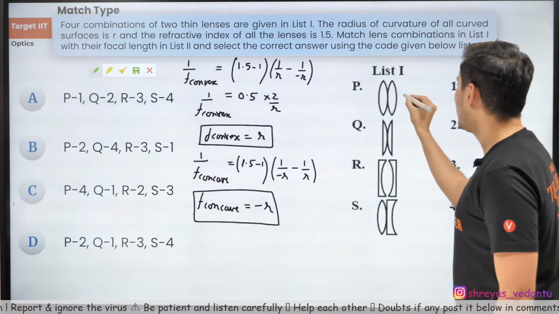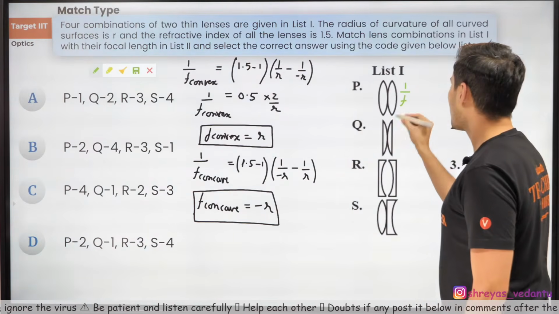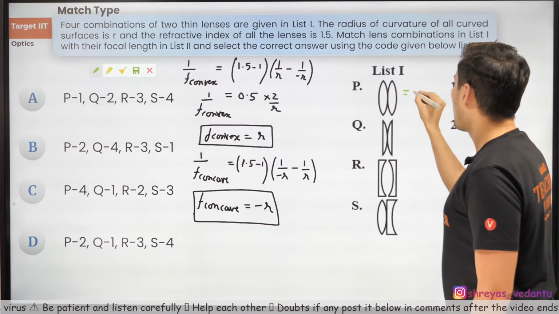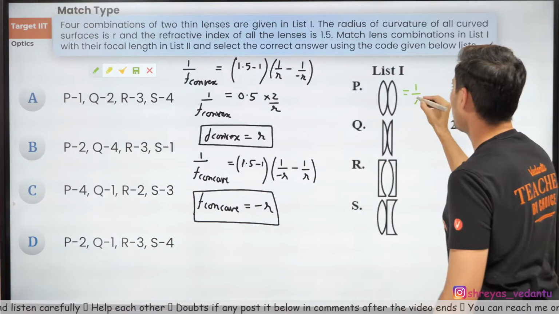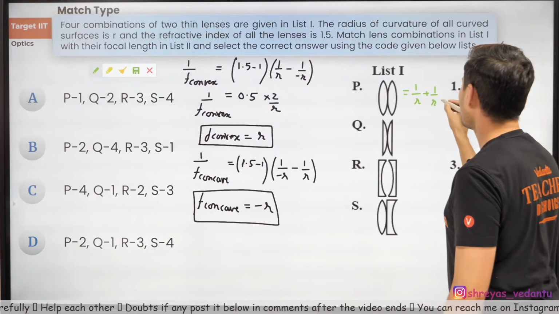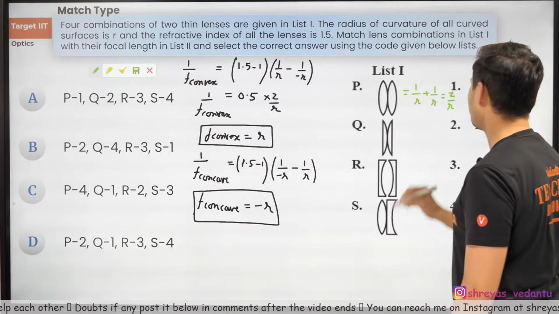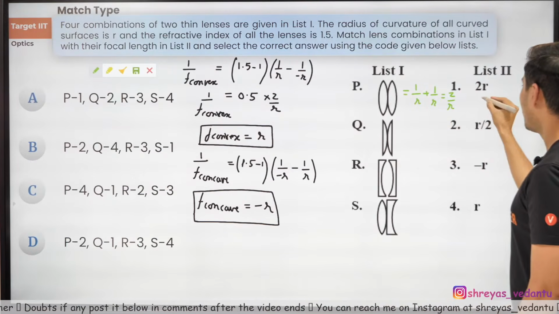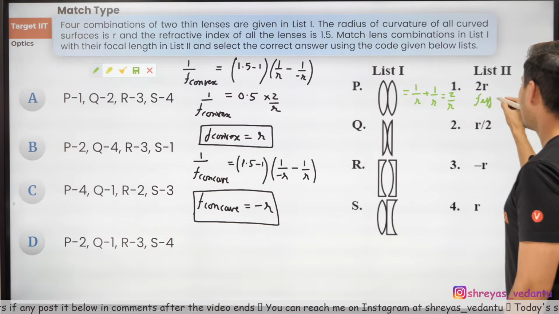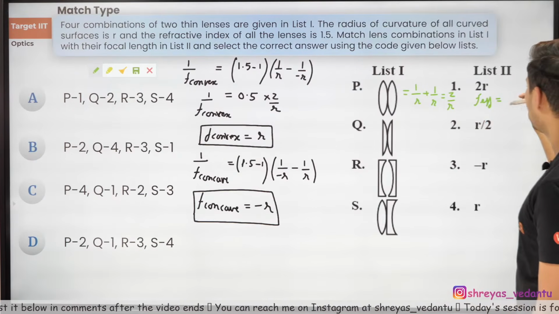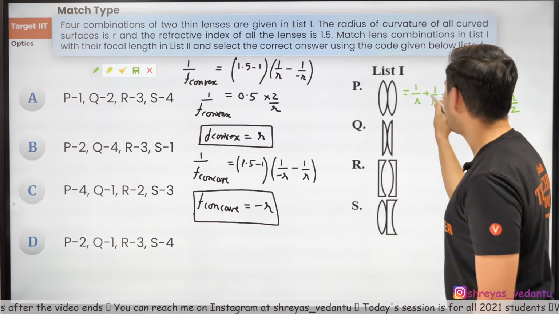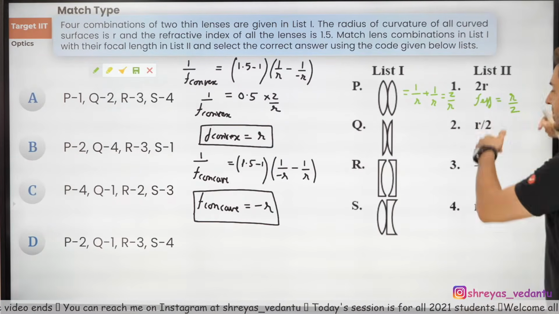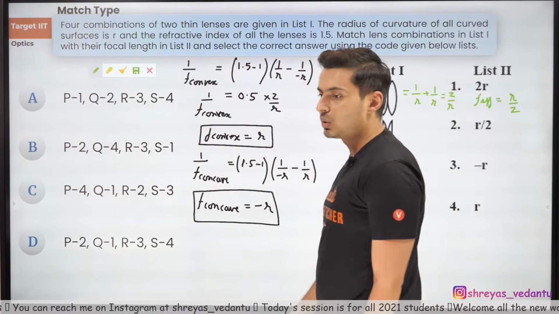So the total focal length 1 by f will be equal to 1 by f1 plus 1 by f1, which is nothing but 1 by r plus 1 by r, which is 2 by r. Therefore, the effective focal length, think about it, will be nothing but r by 2. Because this is 1 by f effective, so when you take the reciprocal, it will become r by 2.